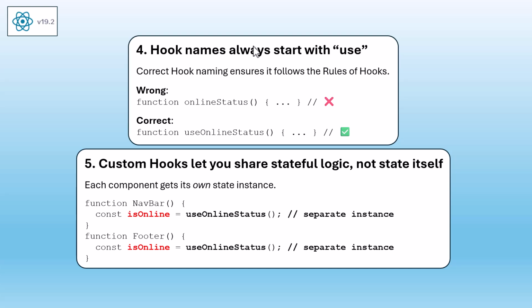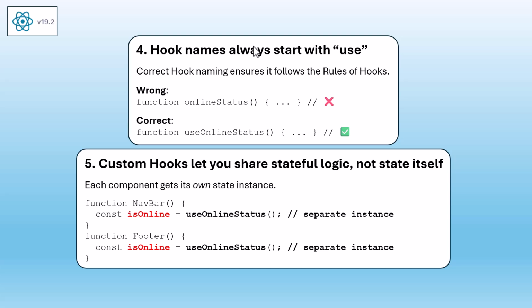4. Hook names always start with use. There's a naming convention. Custom hooks must begin with the prefix use, followed by a capital letter. This naming is not just stylistic. It signals to the framework and to your tooling that this function may call other hooks and abide by certain rules around component render lifecycles.